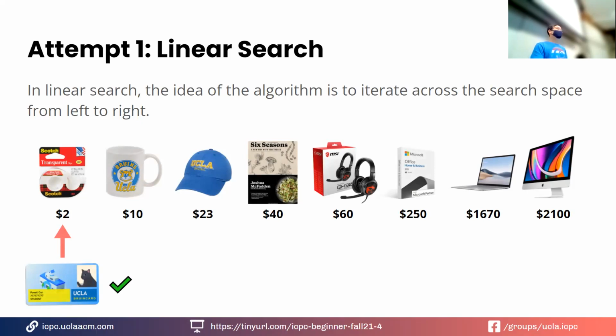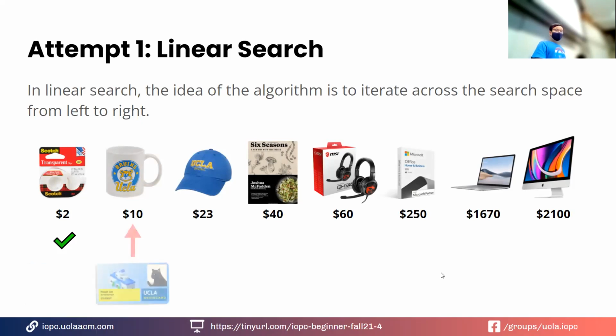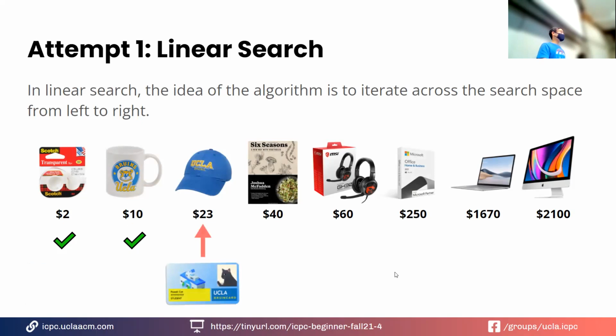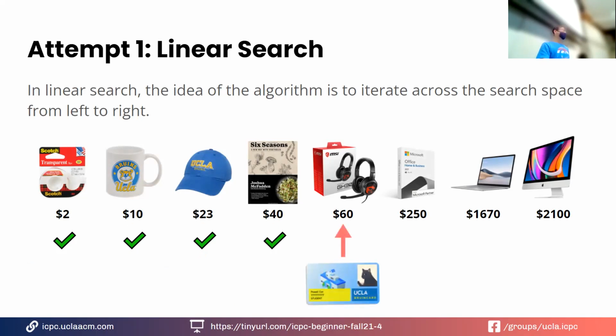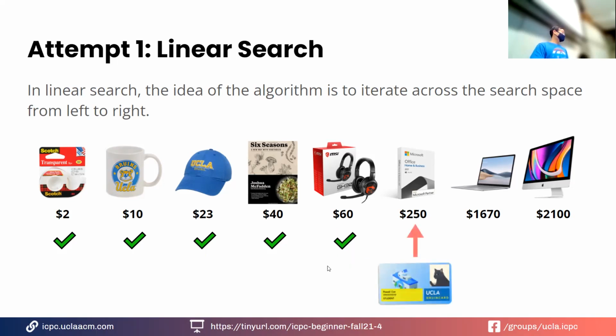So you go to the next cheapest item, which is your Bruin mug. You do your check again. It's good. Go to the next cheapest item, which is your UCLA cap. Keep going, keep going. Go to the cookbook. Get to the gaming headset. Wow, you have a lot of money on your Bruin card. And then you finally get to a Microsoft Office subscription for 1 year.